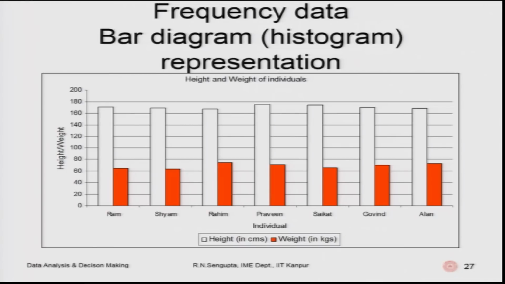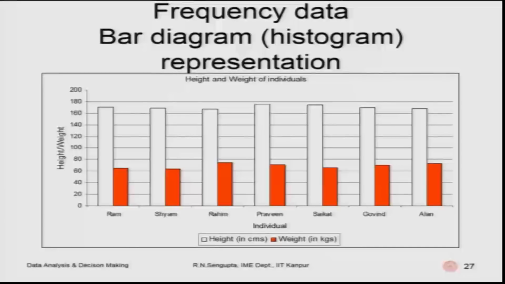Now, if you consider the frequency bar diagram, we are slowly trying to collate or consider more than one set of information. Consider that we have individuals Ram, Shyam, Rahim, Praveen, Saikat, Govind and Alan. We have the height and the weight. The height in centimeters is given along the y axis, and similarly the weight in kgs is also given along the y axis, but with a different color.